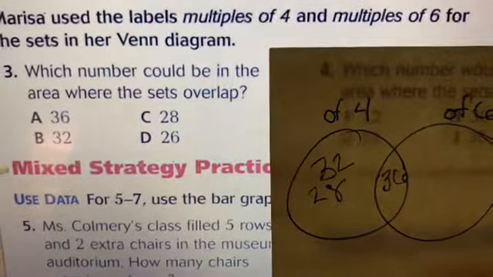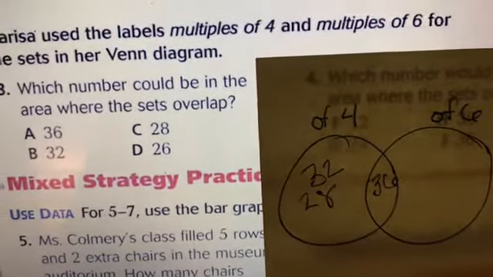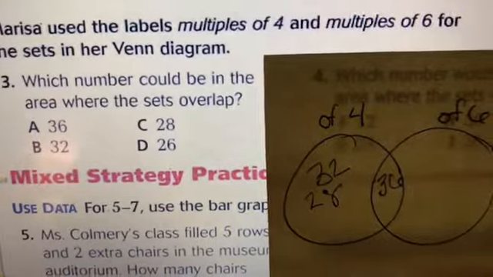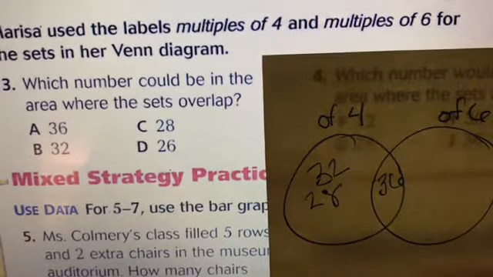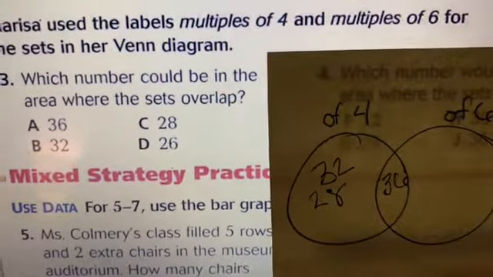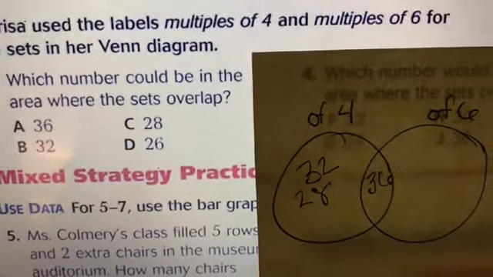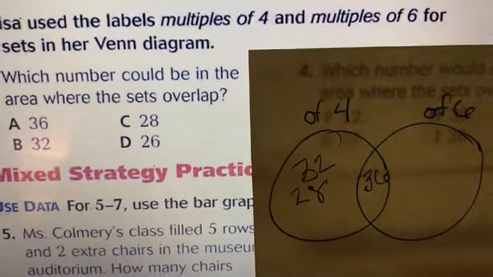And let's check letter D. Letter D is 26. Well, 4 times 7 is 28, and 4 times 6 is 24, so it doesn't go there. And let's see. Multiples of 6 that could equal 26.